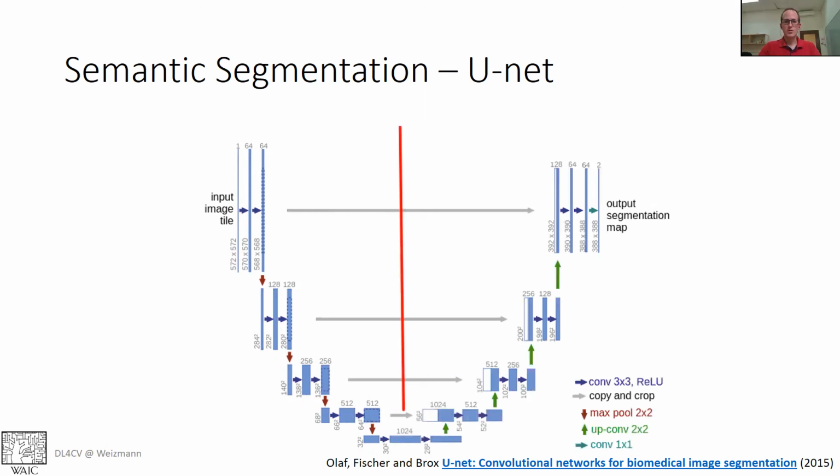But what we can do is upsample the feature space and have skip connections that communicate the spatial resolution, the details between these low-level feature maps and these upsampled feature maps. This is very similar to what the feature pyramid network did.